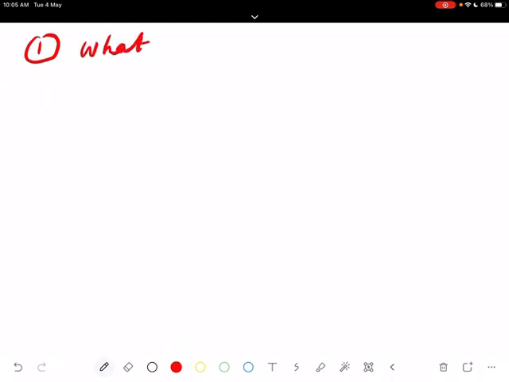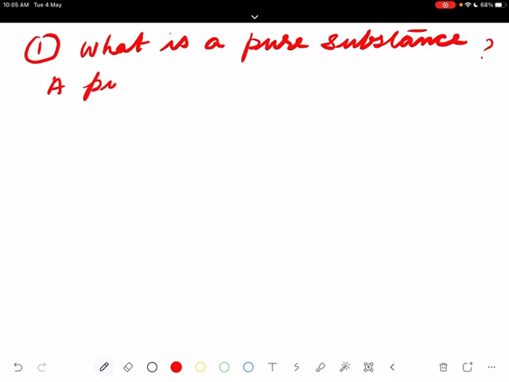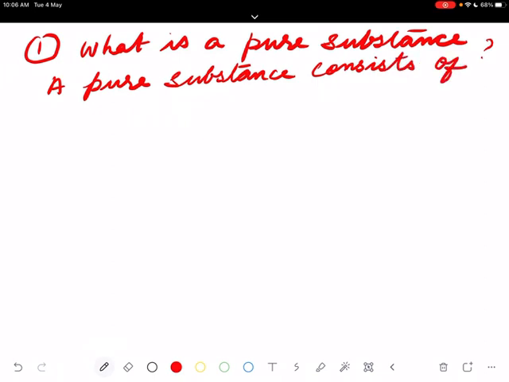So our first question is, what is a pure substance? A pure substance consists of a single type of particles.